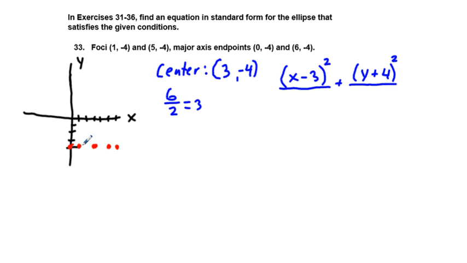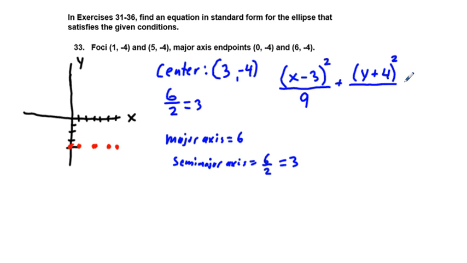And as far as our major axis, it equals 6. So semi-major axis equals 6 over 2, which is 3. And a squared, or 3 squared, is going to be 9. So that's what we're looking like. And we have all this equal to 1.